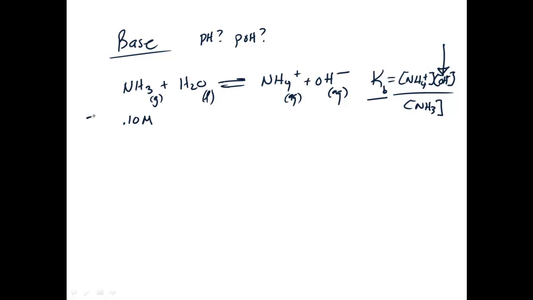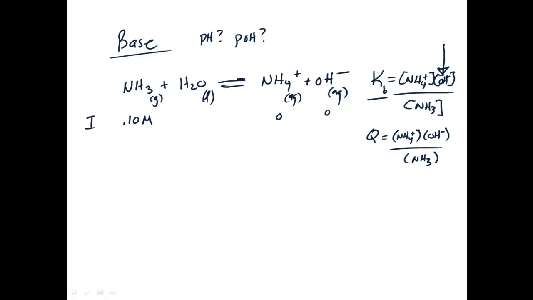We initially say we have some ammonia, and we have 0 of the ammonium ion and 0 of the hydroxide ion. So the first step we always do, but a lot of times we gloss over it, is we have to calculate the reaction quotient Q, which looks a lot like the equilibrium expression, except we're in non-equilibrium conditions. We're at initial conditions, so I use parentheses to say I'm in non-equilibrium conditions.